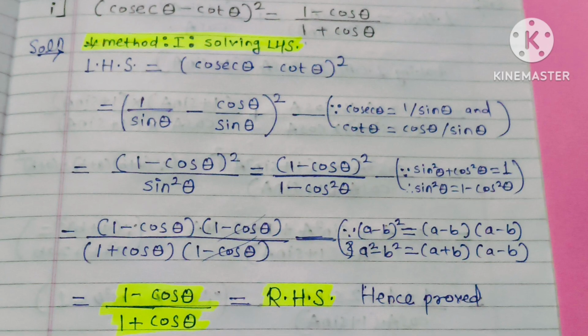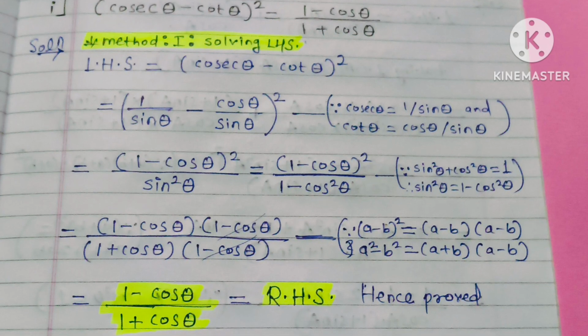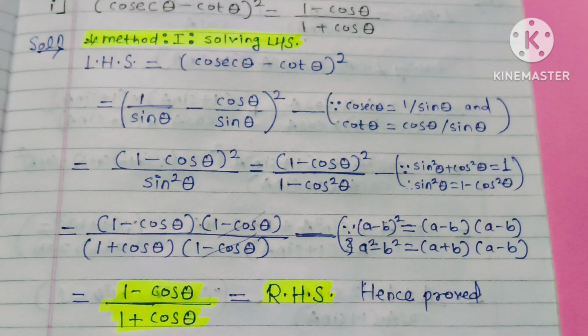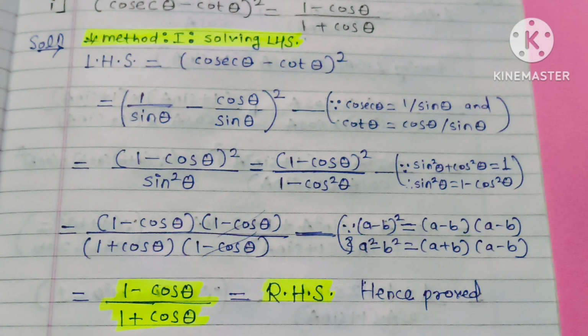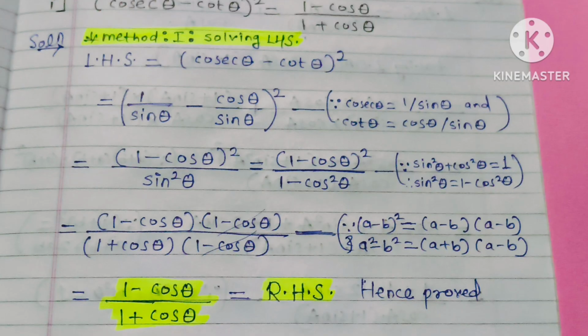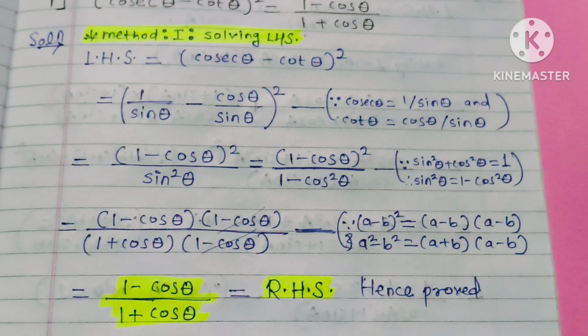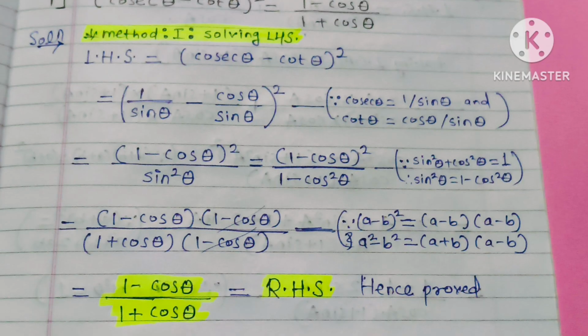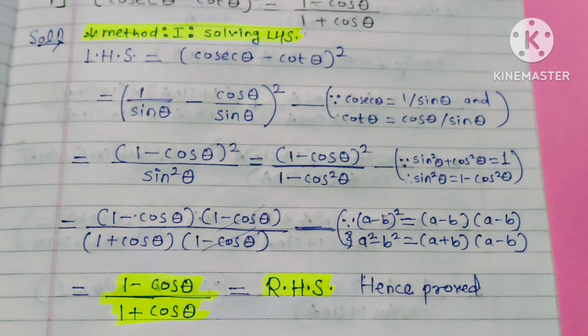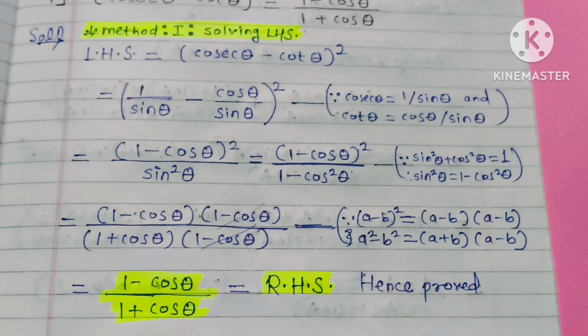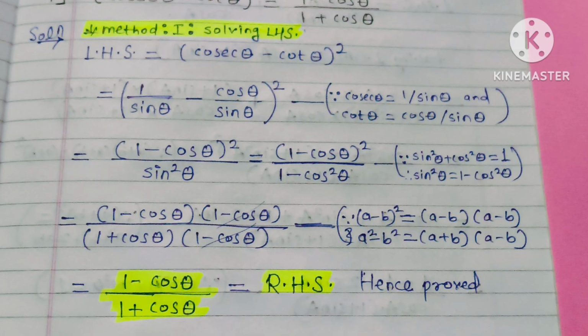So applying both properties, we'll get (1 minus cos theta) into (1 minus cos theta) divided by (1 plus cos theta) into (1 minus cos theta). Now we have the similar values in numerator and denominator, 1 minus cos theta, which we cancel out, and we're left with 1 minus cos theta divided by 1 plus cos theta, which is the right hand side part of the equation, hence proved.